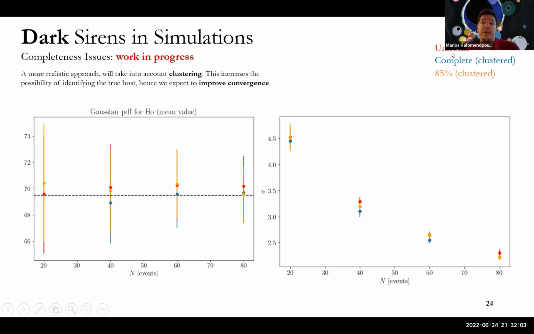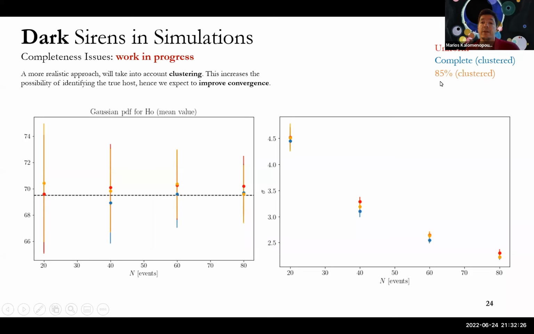We have three different cases. The red ones are the results from a uniform box, where all the galaxies are uniformly distributed. The blue one is from a clustered box, where we have a perfect knowledge of all the galaxies in the region.